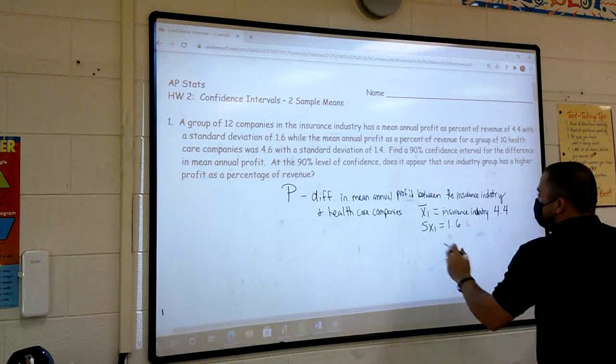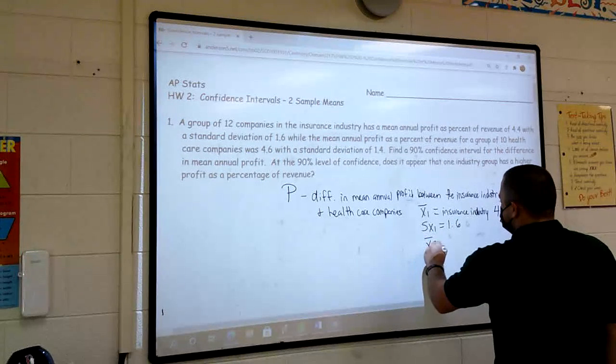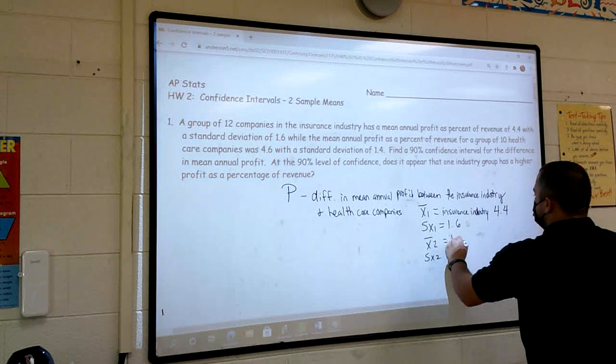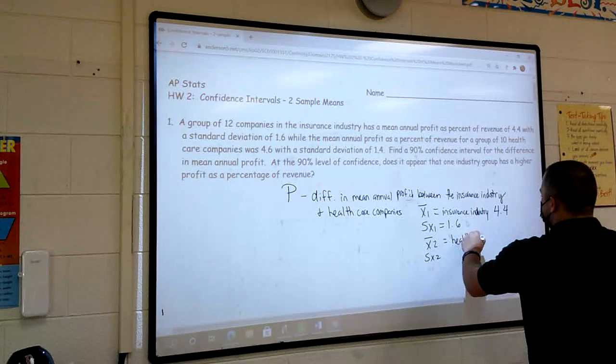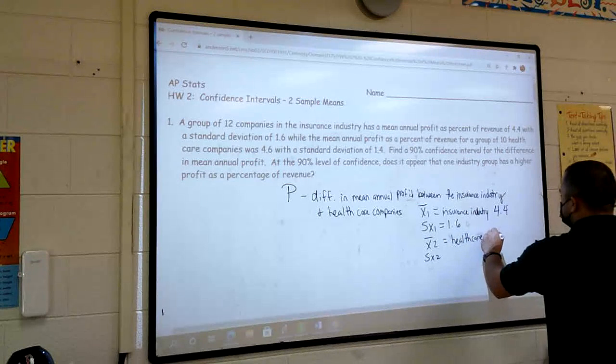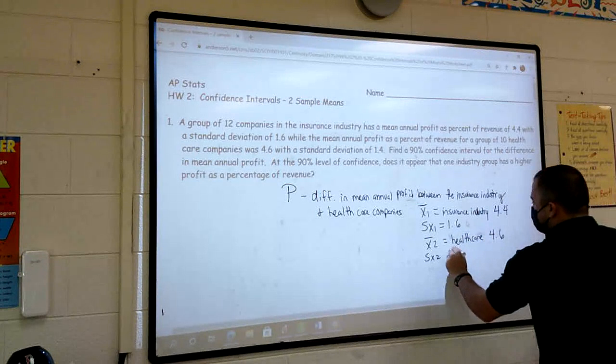The next one, mean 2, is the healthcare companies, with a mean of 4.6 and a standard deviation of 1.4.